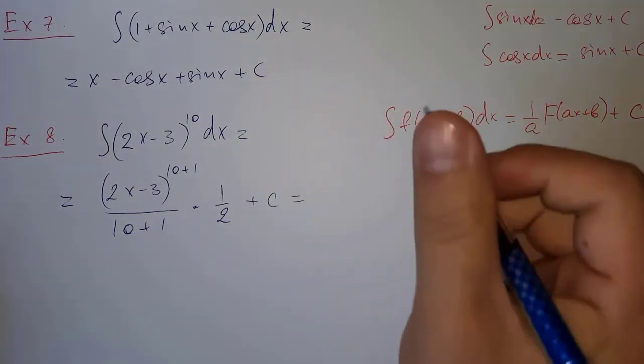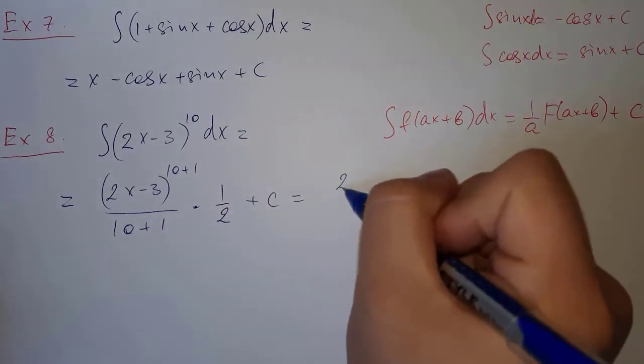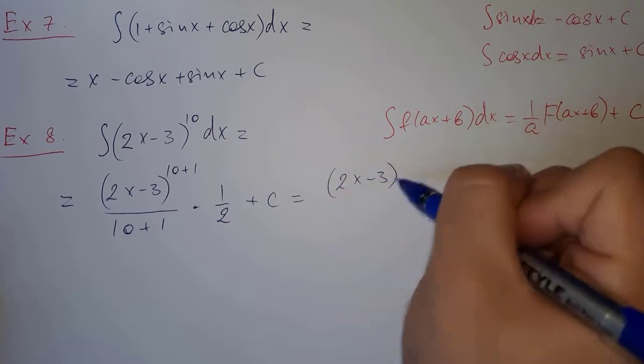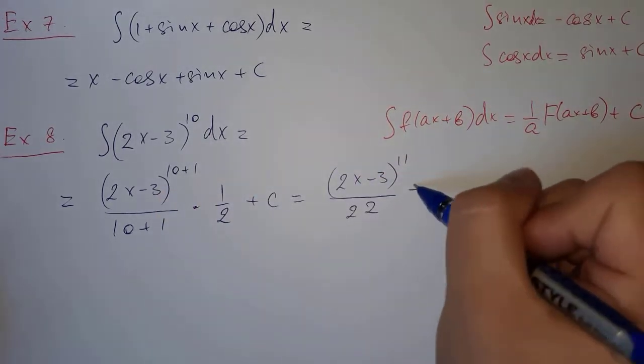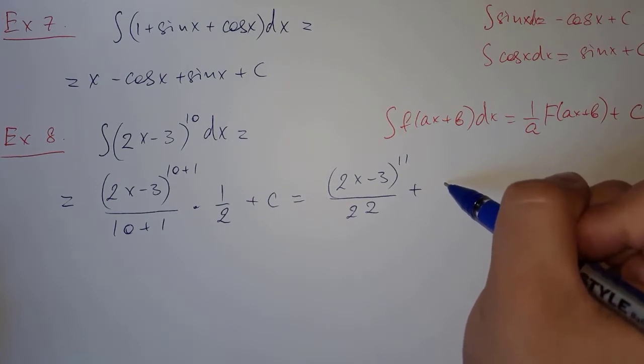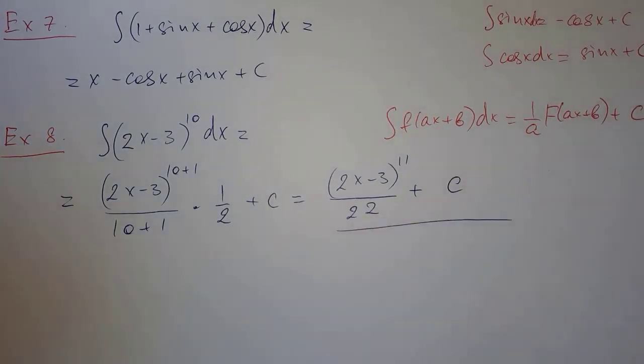So if we continue, we get here (2x minus 3) to the 11th degree over 22, 2 times 11, plus c. This is the correct answer.